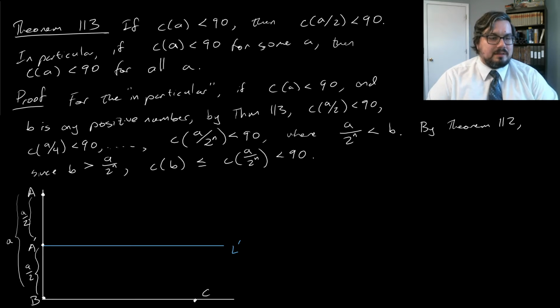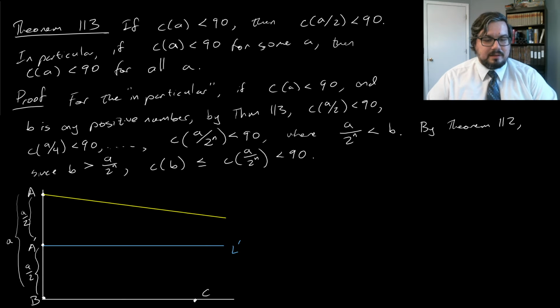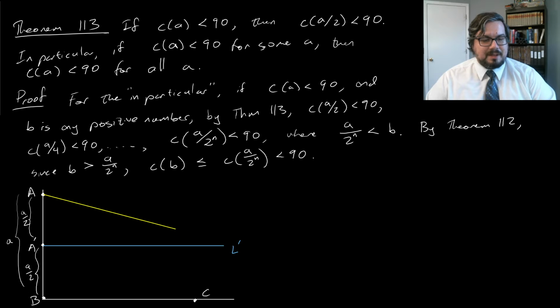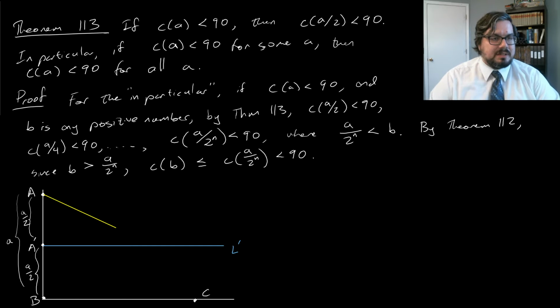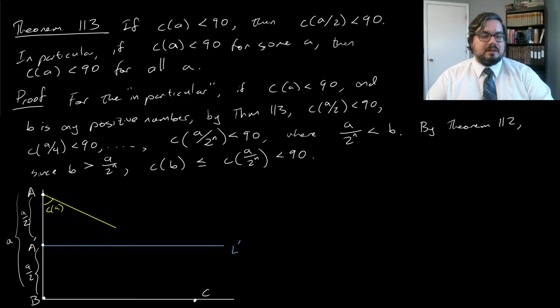And then let's take the ray coming off of A, and I want to leave this a little bit general here, with the measure C of A. We'll give this a point E so that we can talk about that.